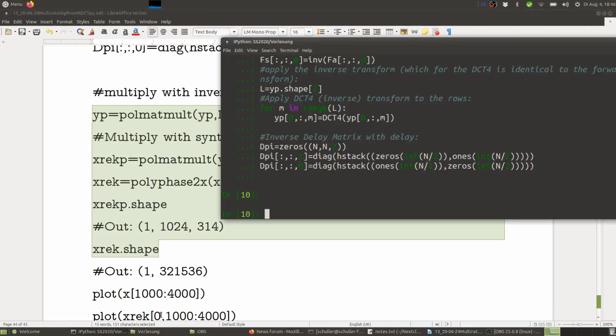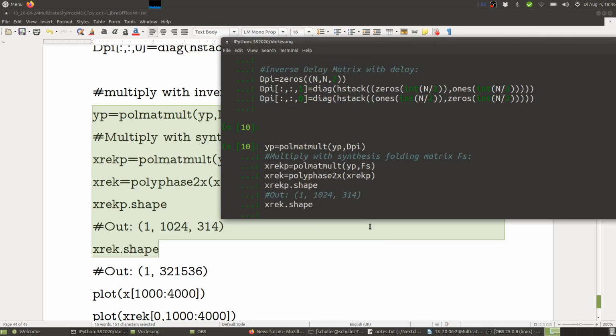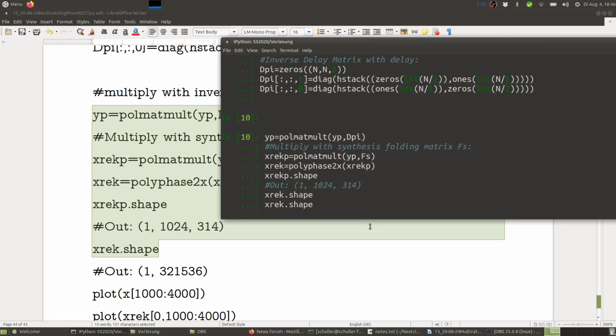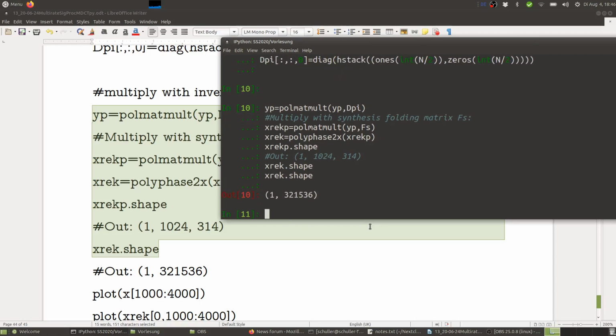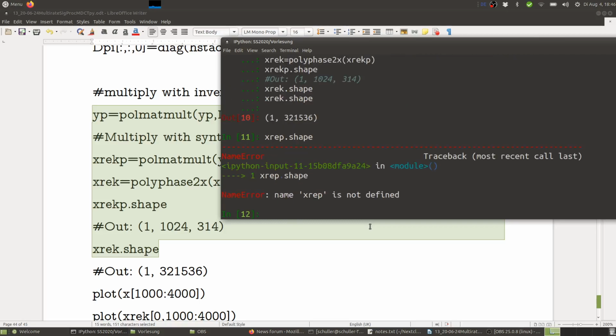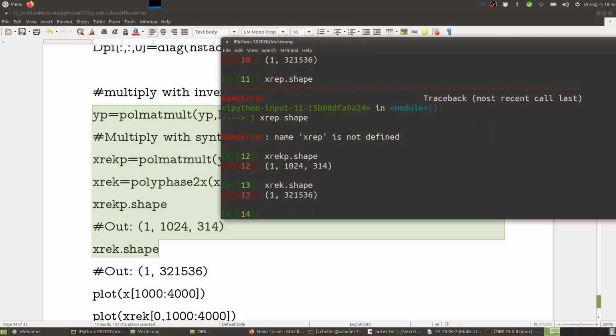Copy, paste. So xrec dot shape. Yes, now it's done. So xrec p dot shape. This was still the subbands, the blocks. Here polyphase, and without the p, the time domain signal.